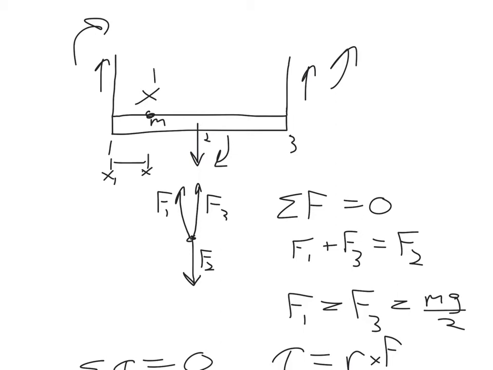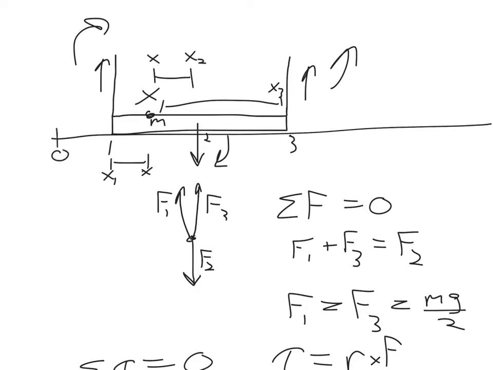The second radius is from position X to position 2, that's X2. And the third radius is all the way up to position 3, that's X3. If I had a number line going this way, from 0 up to infinity, the positive direction is this direction. Then my final minus initial is always the right one, like x minus x1, or x2 minus x, etc.